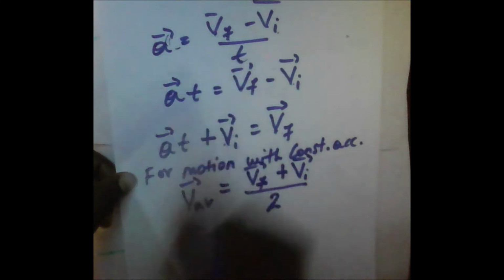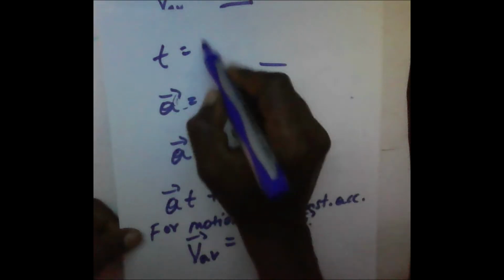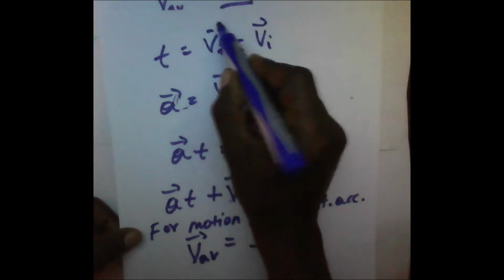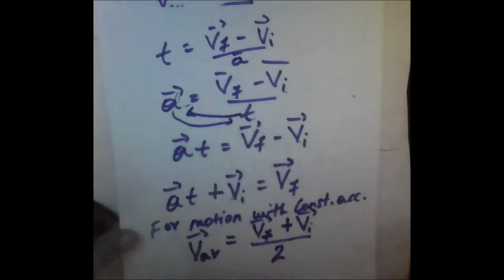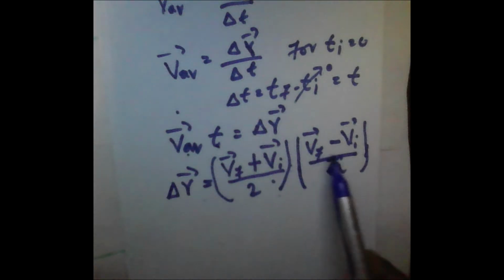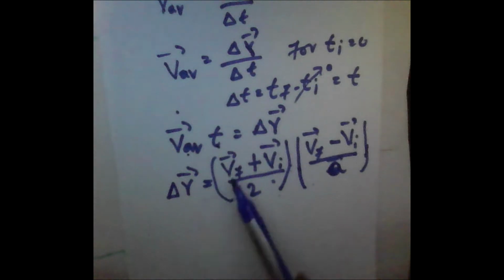So t is equal to V final minus V initial over the acceleration. Therefore, change in r is V final plus V initial over 2, multiplied by V final minus V initial over the acceleration. Now multiply these two, considering the vector value.